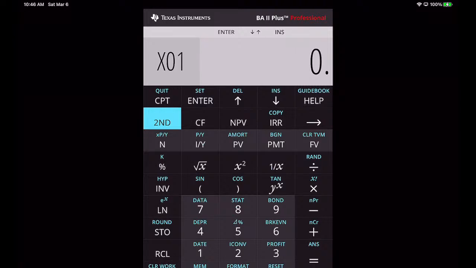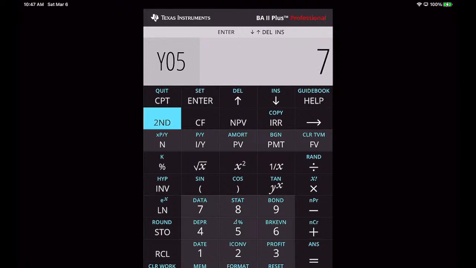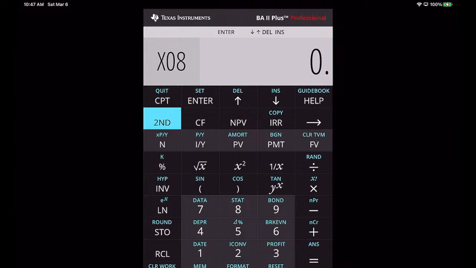And I start to enter 2, enter down, 17, enter down, 4, enter down, 7, enter down, 4, enter down, 7, enter down. And I hope I've done it all correctly.